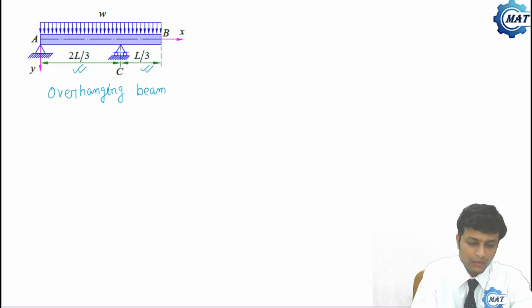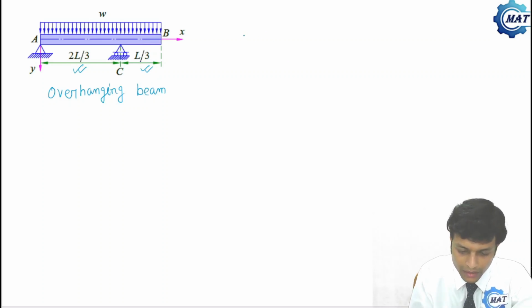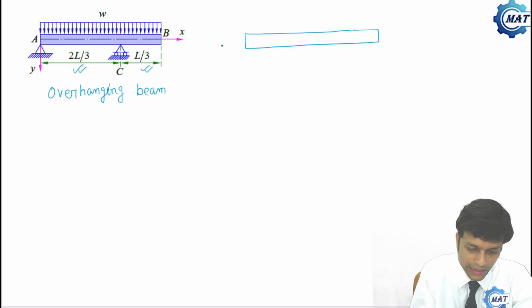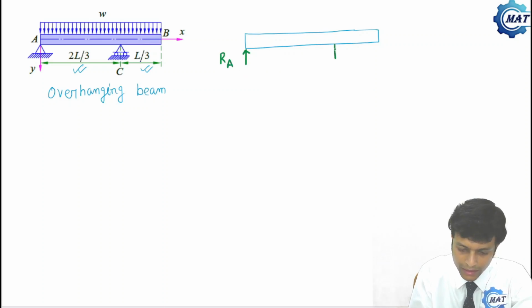So our first objective is to determine the unknown reaction forces at A and C. At A, reaction force is RA, at C, reaction force is RC.